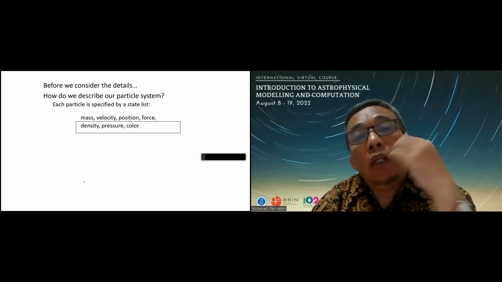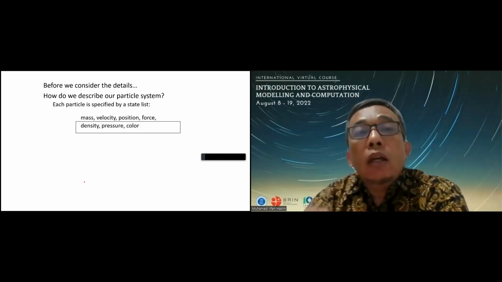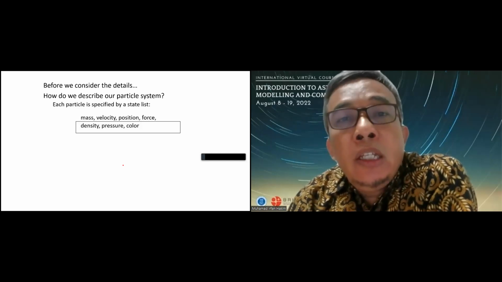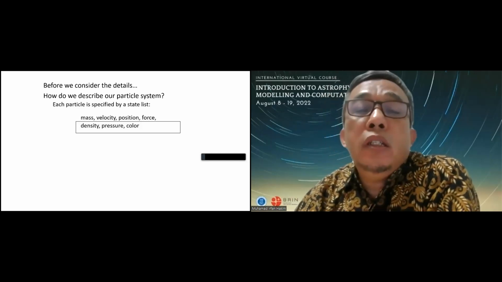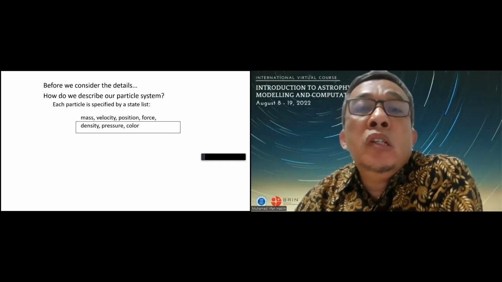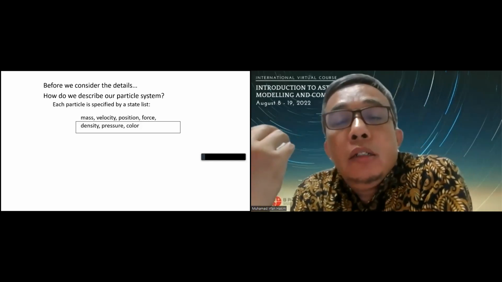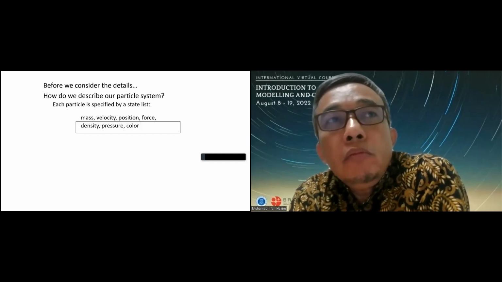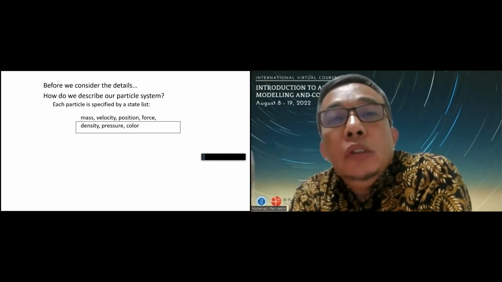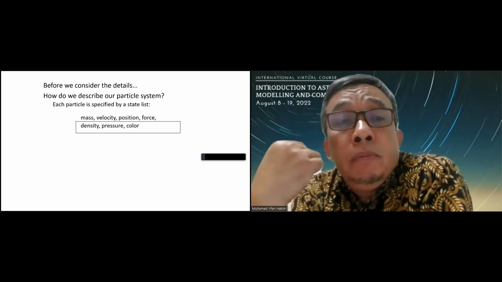Every particle has mass, velocity, position, including initial position. What are the forces contributing to the dynamics of the particles?